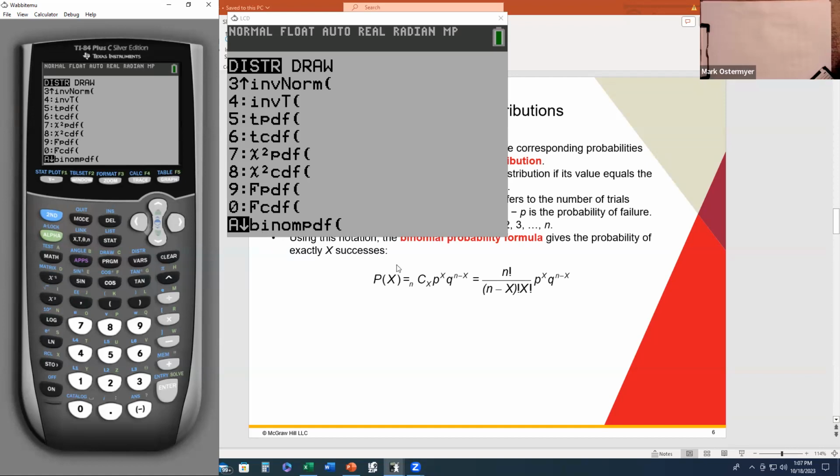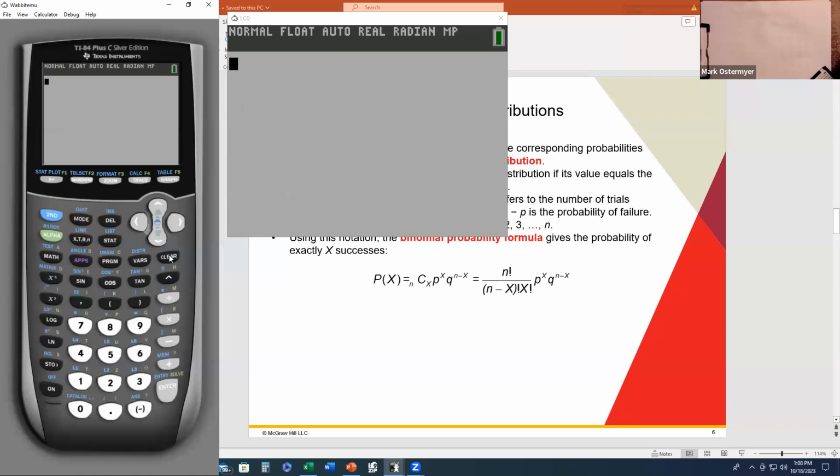Built into this puppy here is this entire function. The entire thing is built in. You don't have to mess around with NCR or anything. It's all built into this one function, the binom PDF. So we'll be using that to compute binomial probabilities. Again, how did we access that? We went into distribution mode.